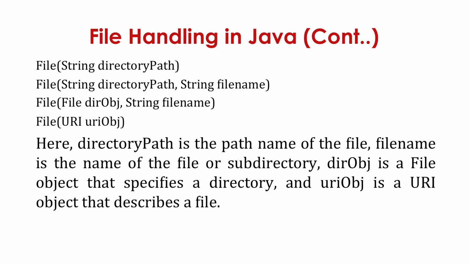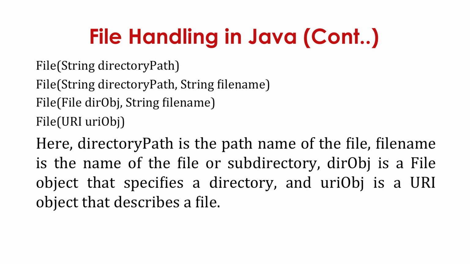One more File constructor is described. The first argument is a directory object of type File, and the next argument, of type String, defines the file name. Another one takes a URI type object. So some of the typical File constructors are described here.